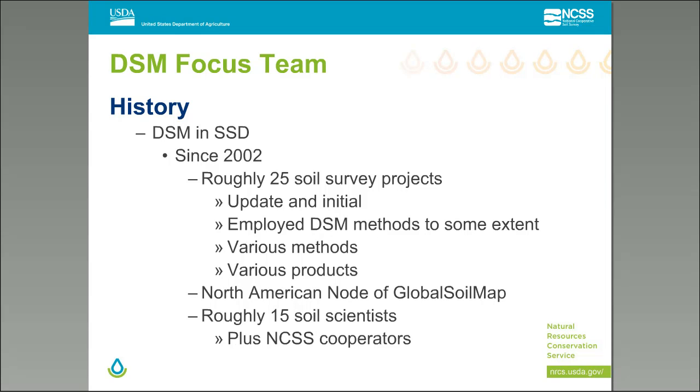Shortly after that launch, the Laboratory for Applications of Remote Sensing was set up at Purdue, and our cooperators there, probably Chris Johannsen was the main individual, but all of the pedologists at Purdue got involved in that research.